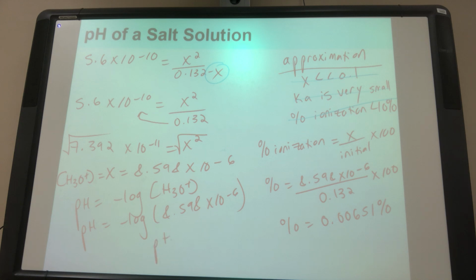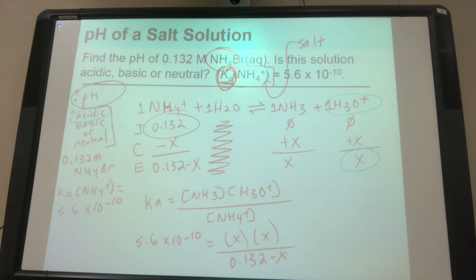And that gives me a pH of 5.07. Then I just think about it, what did we say? If it's 5.07, is that less than, equal to, or greater than 7? It's less than 7. So if it's less than 7, what type of solution is it? Acidic, which is exactly what we said at the beginning of the problem. So we got our pH, we have the acidity, and we're done with the problem.